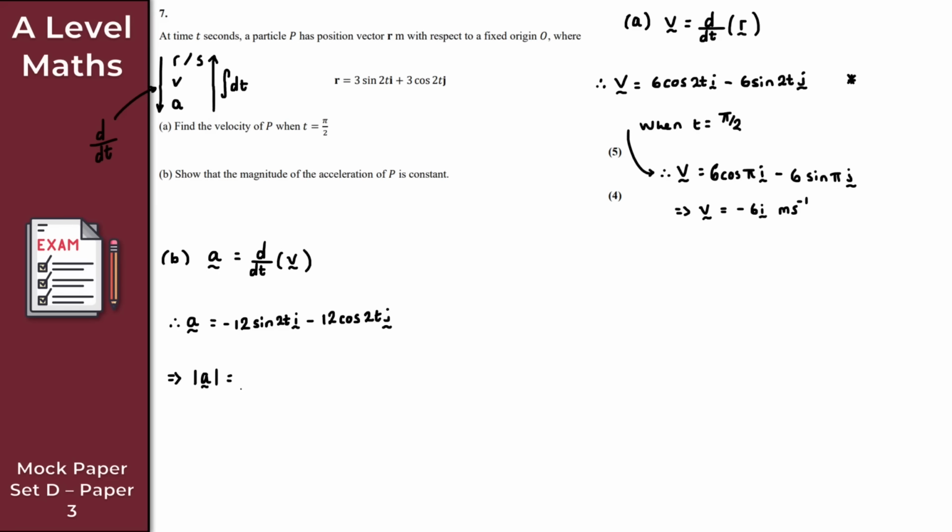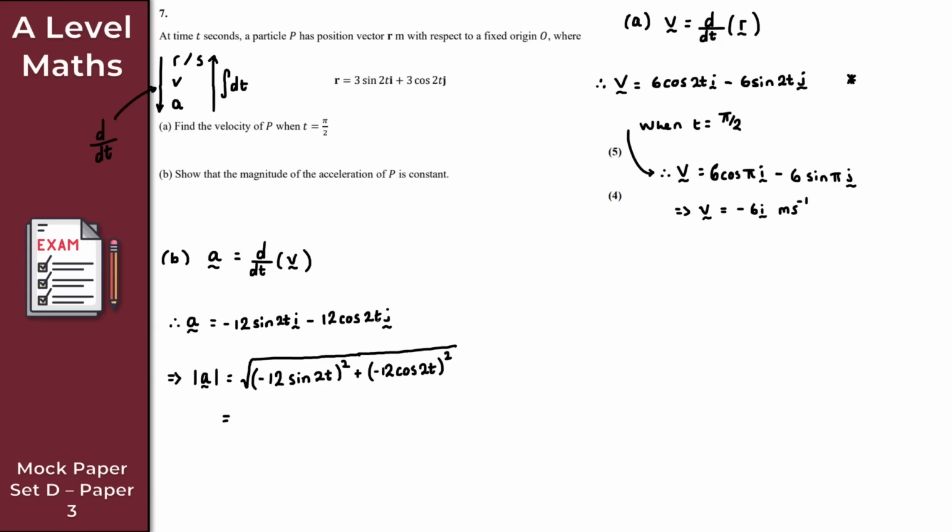So we've got the square root of minus 12 sine 2t all squared, plus minus 12 cos 2t all squared as well. Let's simplify this.